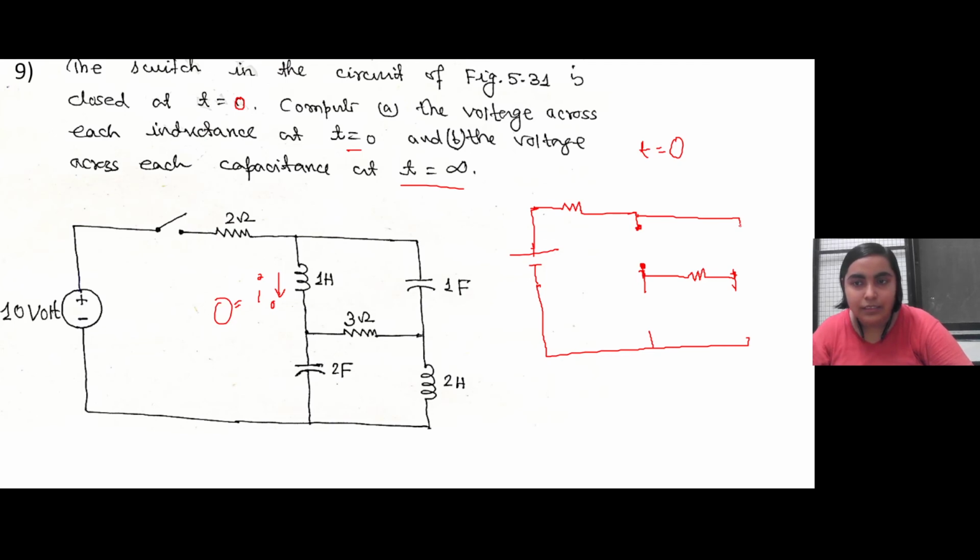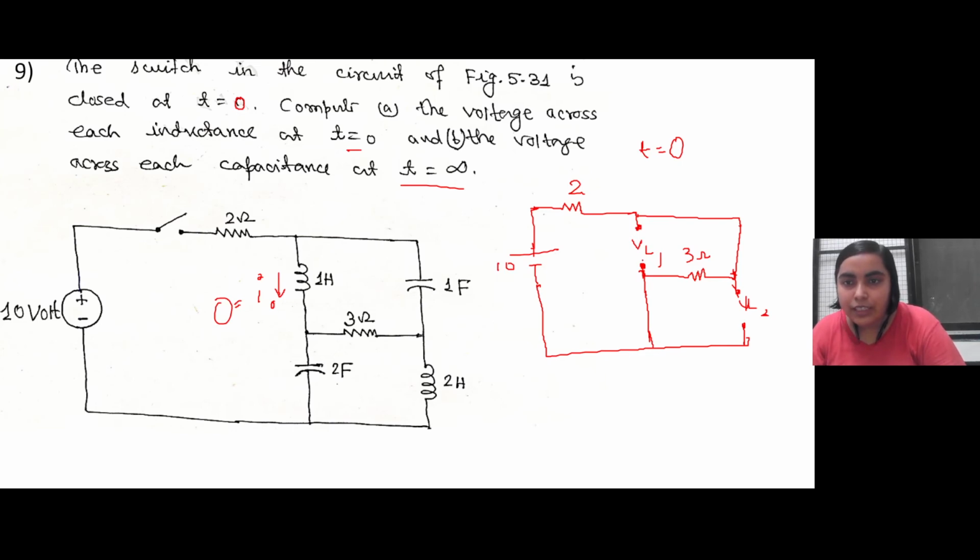Instead, the capacitor will act as a short circuit. So both inductors will act as an open circuit. Let these be VL1 and VL2. And this will act as a short circuit. This is the 2 ohm resistance, this is the 3 ohm resistance, and 10 volt is connected across it.